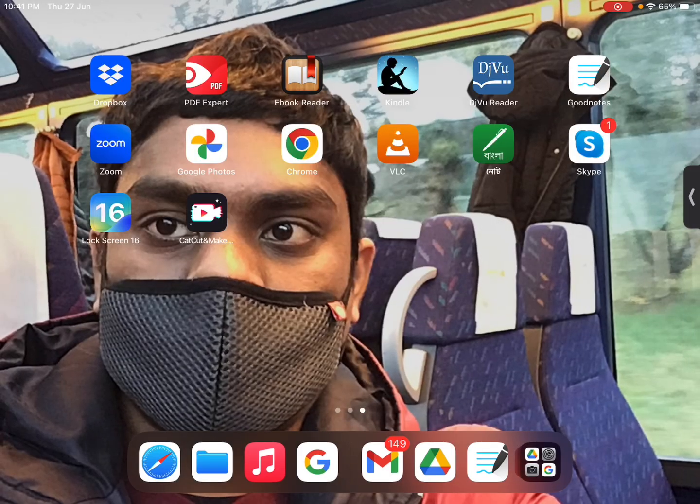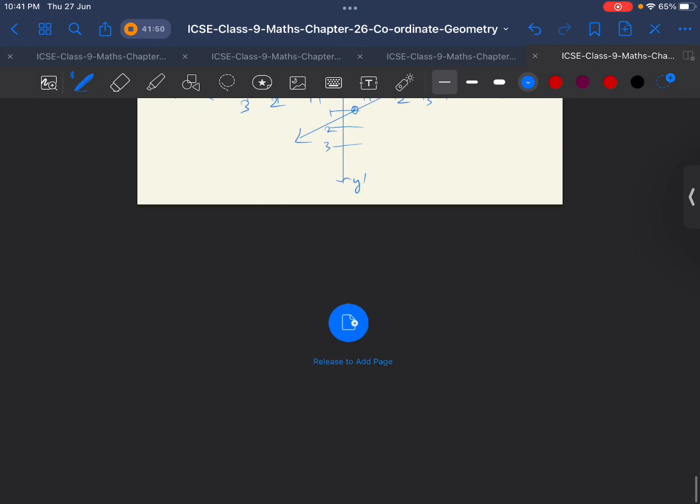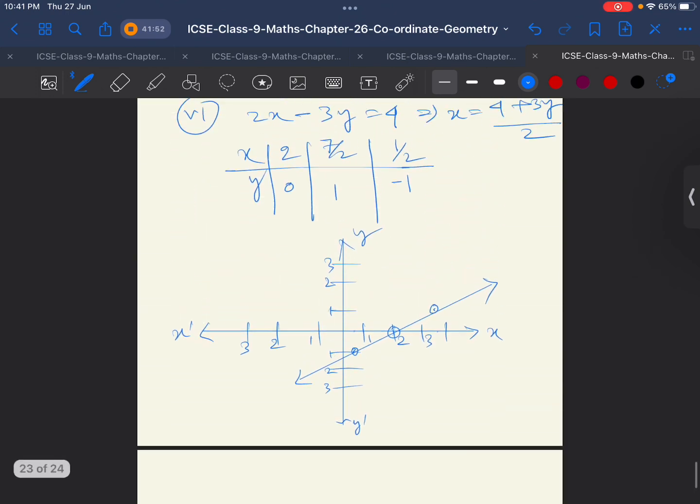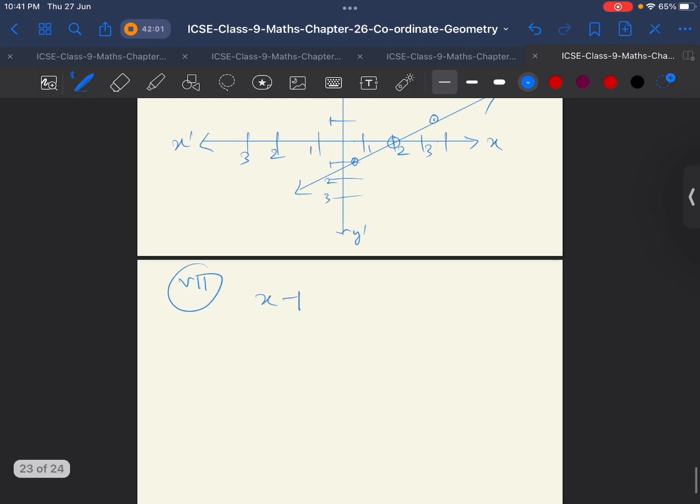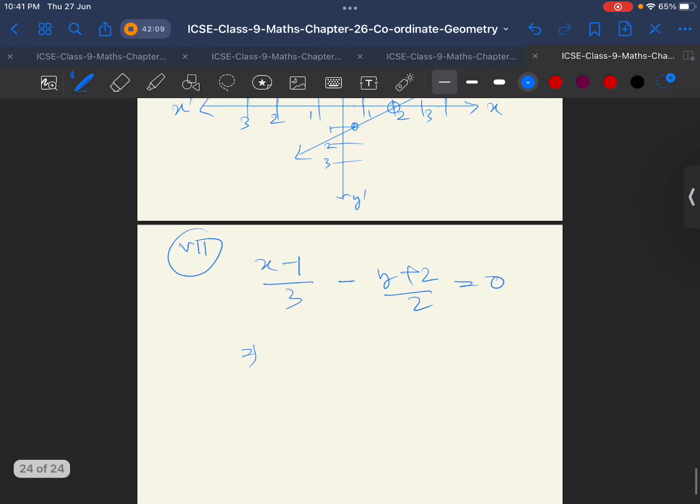now question number 7. (x minus 1)/3 minus (y plus 2)/2 equals 0.